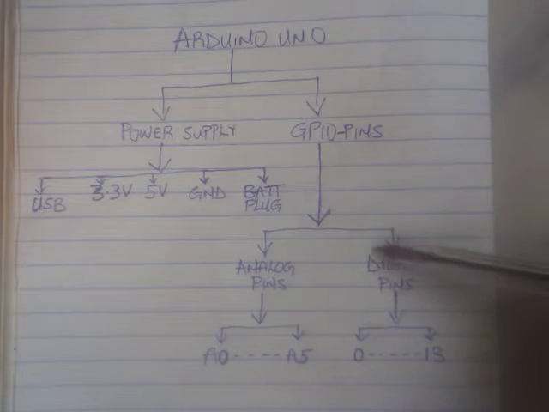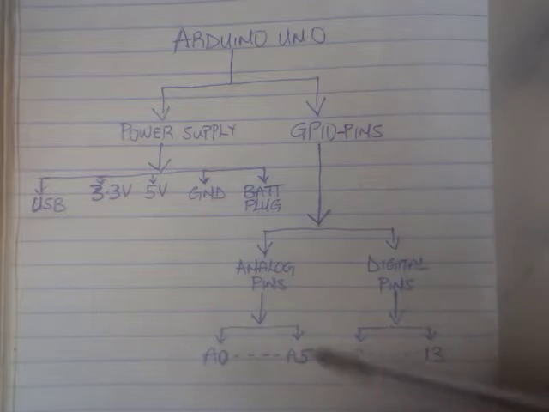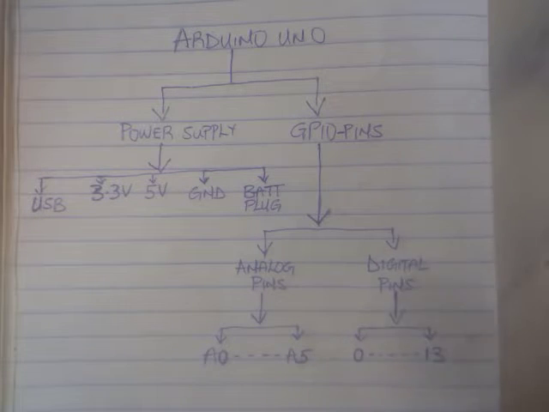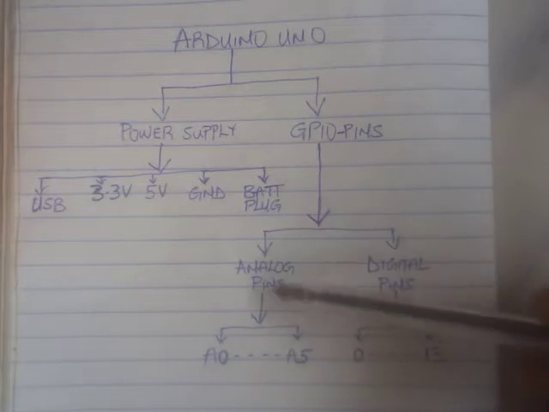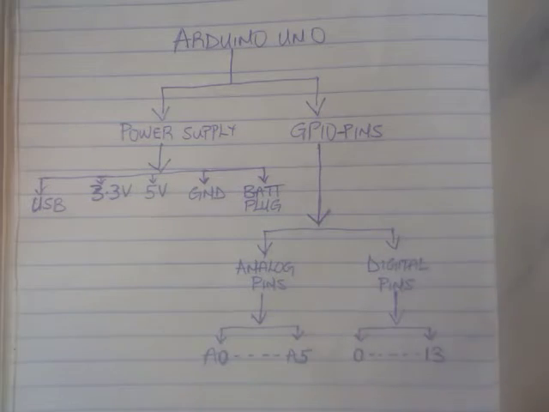The digital pins do not give out signals in the continuous form, but the analog pins give out signals in the continuous form, right? Digital pins only give out zeros and ones, while the analog pins consist of discrete levels of signals, which are continuous.